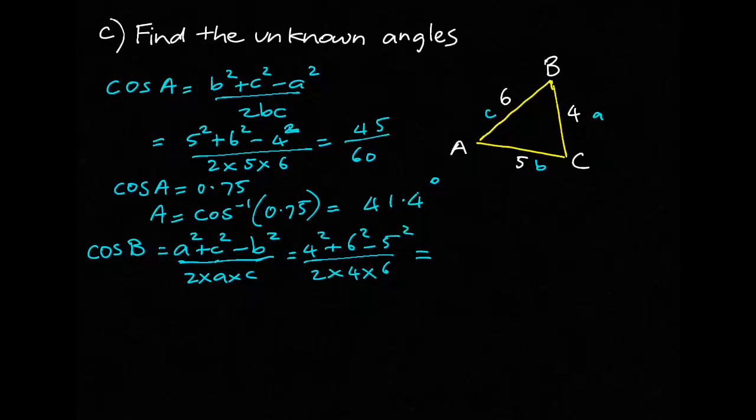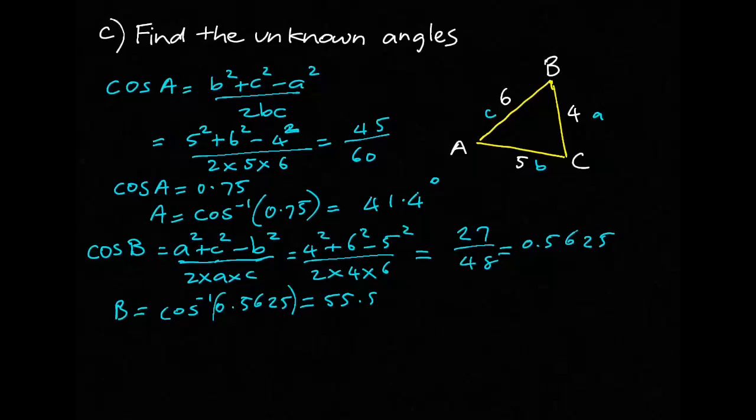Now that equals 27 on 48. Again, I've summed the top values and multiplied the bottom values, which equals 0.5625. So B equals the cos inverse of 0.5625, which equals 55.8 degrees.